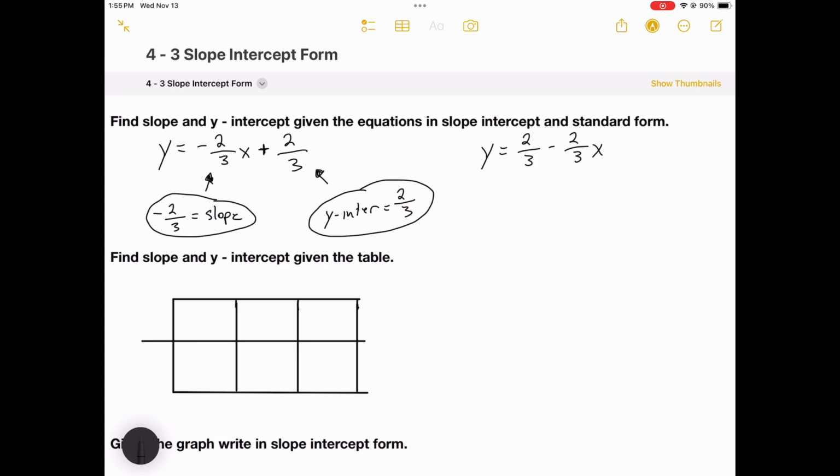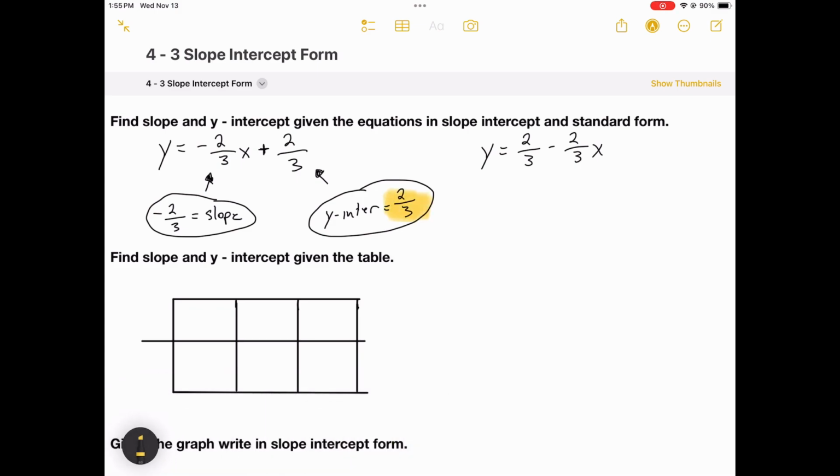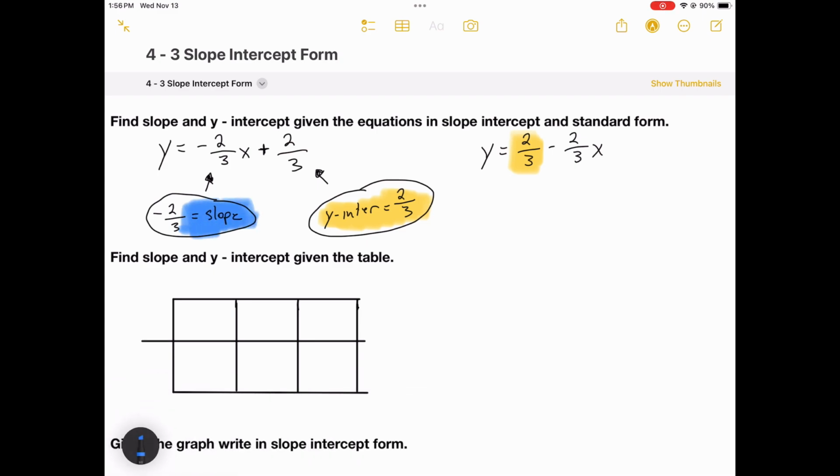My y-intercept is still going to be this, and it's still going to be right here, but now it's changed locations. But remember, the y-intercept's the one that's not attached to the x. And then here I'm going to have my slope, which is right there. Okay, so just giving you a heads up on that. Sometimes they'll try to trick you a little bit.